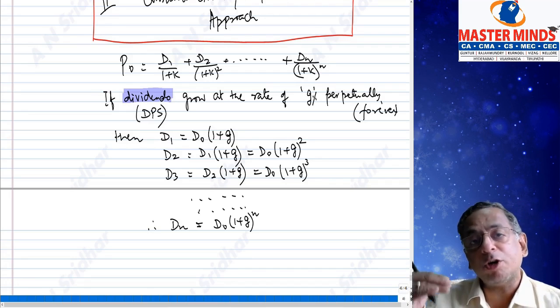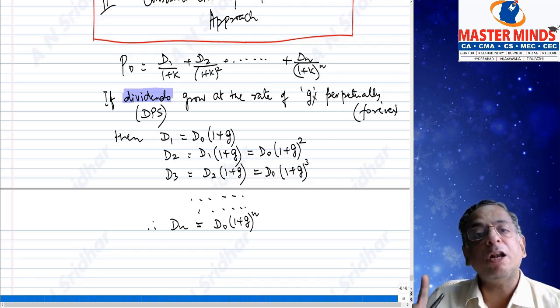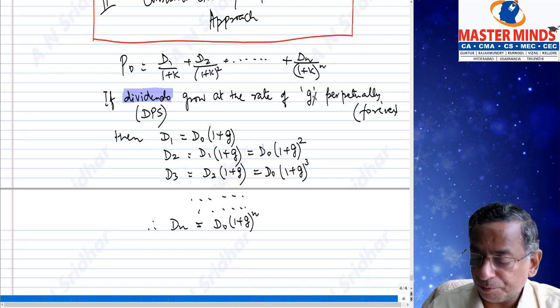So what we are going to do, we are going to substitute the terms which are all linked to D0. You can see we have D0 everywhere.